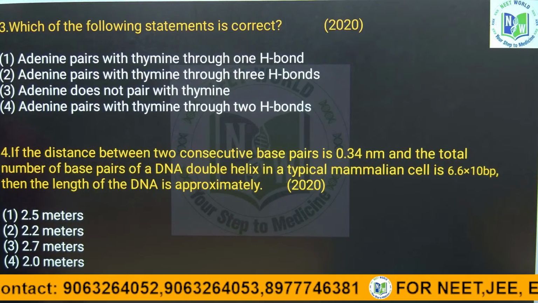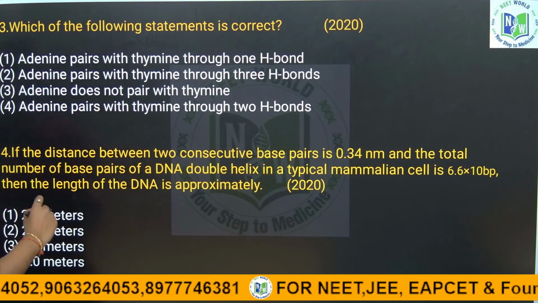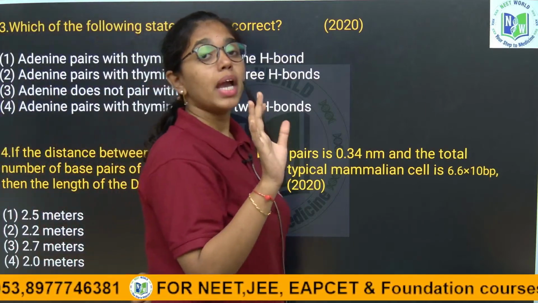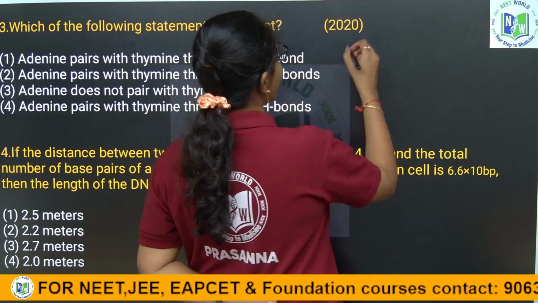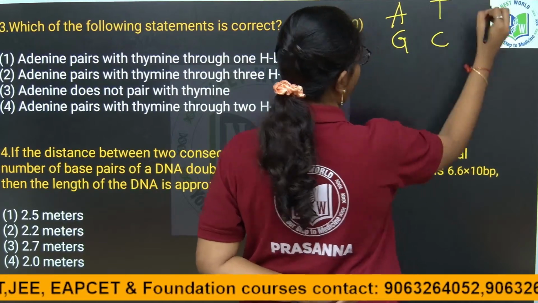Which of the following statements are correct? This is a statement based question, and here he has asked with respect to nitrogen bases. In DNA, what are the 4 nitrogen bases? Adenine, guanine, cytosine and thymine.